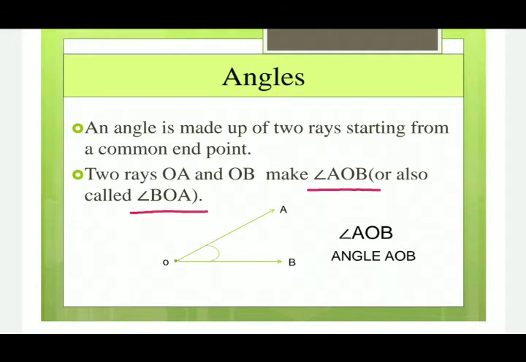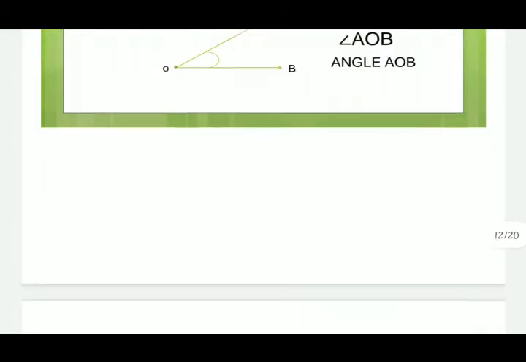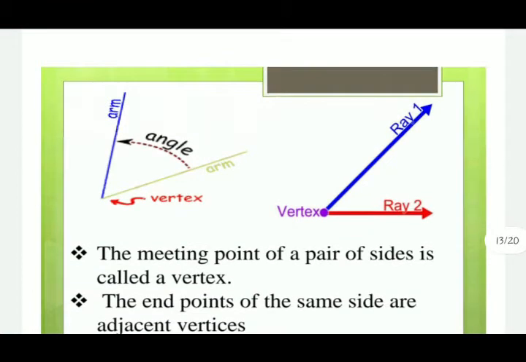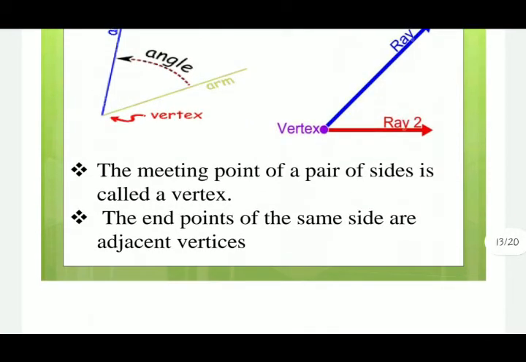Both are correct. Here you can see two arms of the angle and the vertex, and here the angle is there. Another diagram is there, ray 1, ray 2, and their meeting point is called the vertex. The meeting point of a pair of sides is called a vertex. The end points of the same side are adjacent vertices.